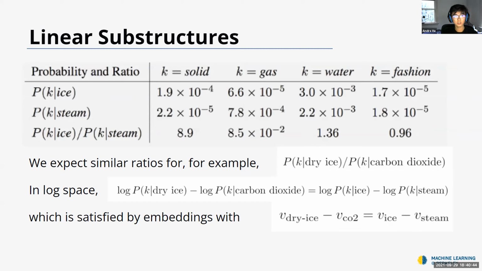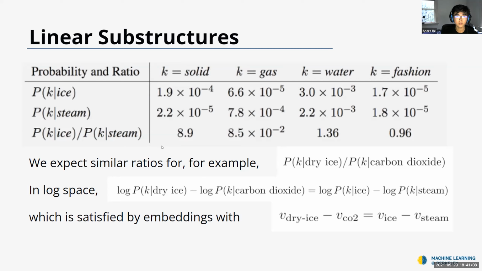Basically the first word is the solid state of the chemical, and the second word is the gas state of the chemical. So we expect the difference in meaning to be similar. The difference in meaning is just the idea that we're replacing gas with solid.